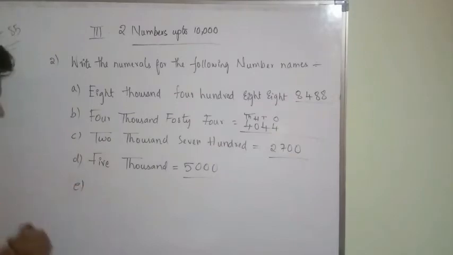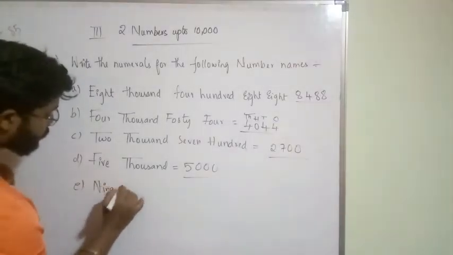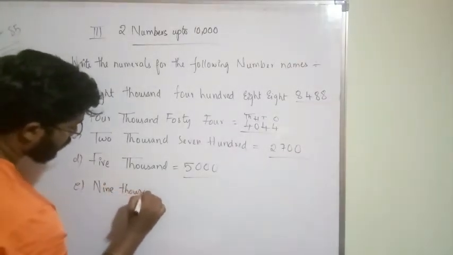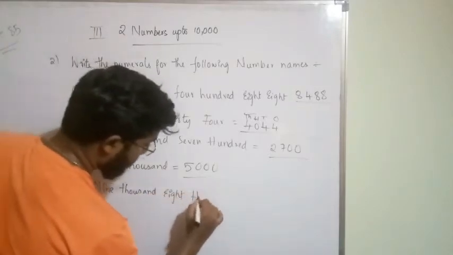What is the number? 9832. This is the number. Okay, F is what? 6003.